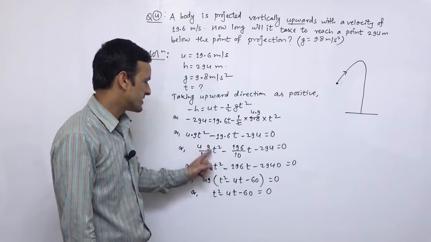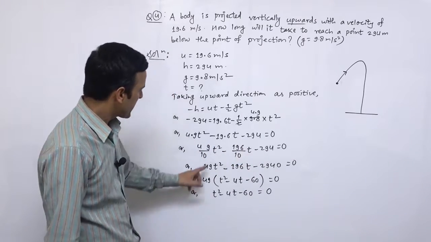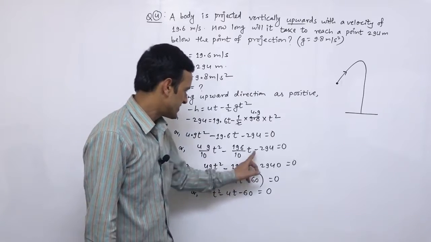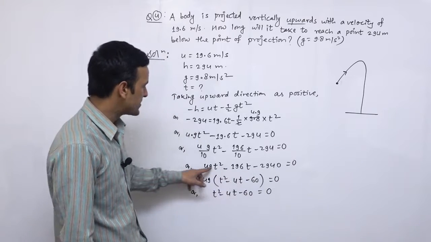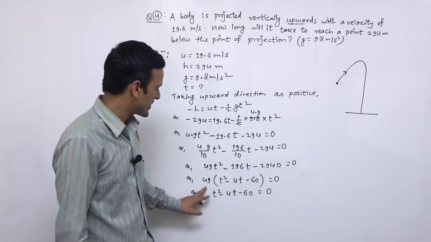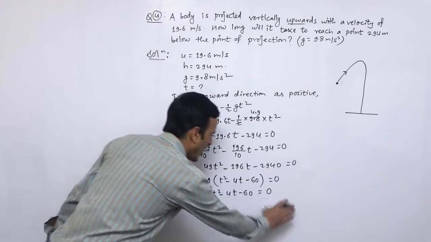First of all, remove this decimal by taking 10 as the LCM, and then multiply by 10. So all the numbers are divisible by 49, so we can take out 49 common and it goes to 0 upon 49.